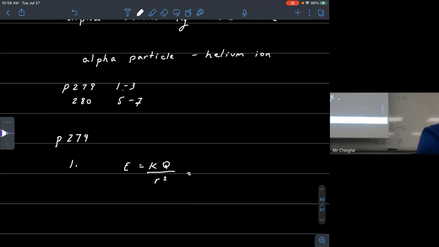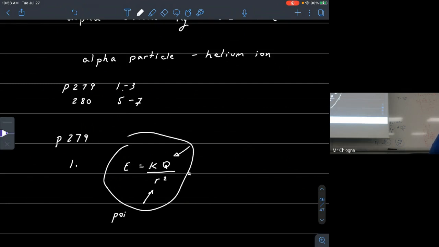Okay, so they give you the charge. That's your clue to use this equation. They give you the charge and they give you the distance. That's how you know. And it says also point charge. This is the equation for a point charge. This is the electric field equation for a point charge. It will give you electric field strength.